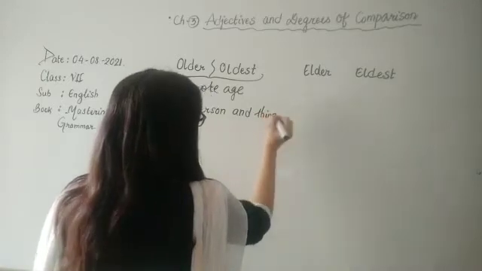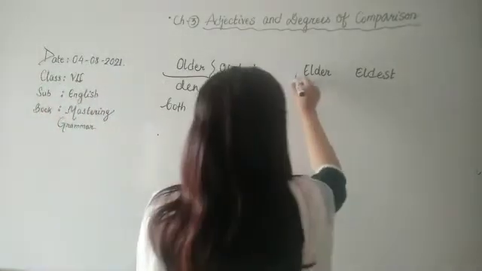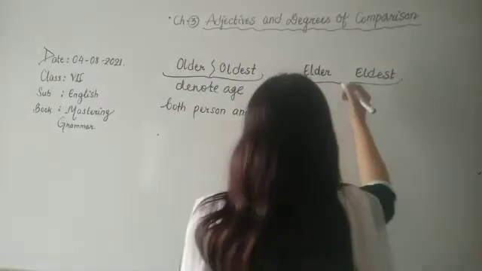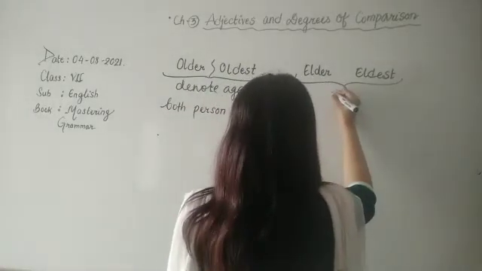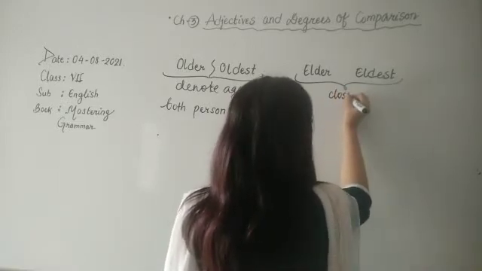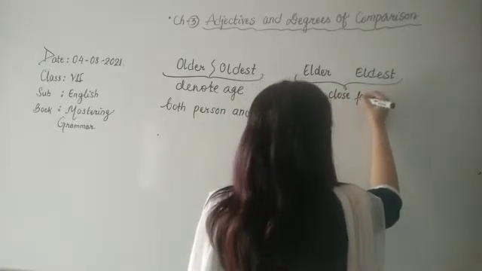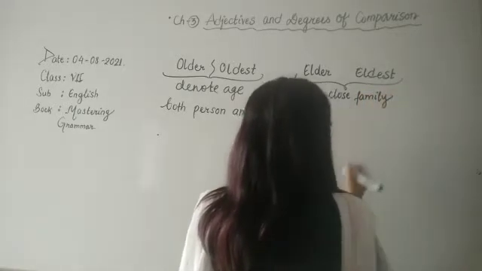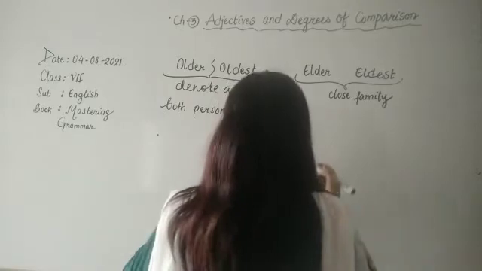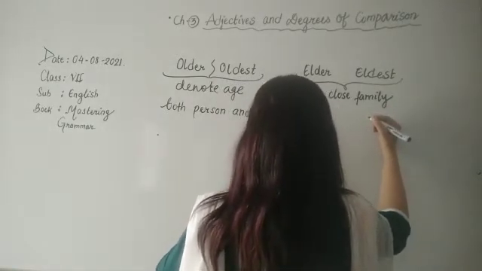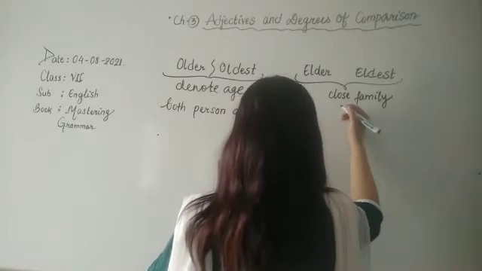Now with this one, this is talking about close family relations. You have to understand that they are talking about the same family. When we are using these words, the person has to be from the same family. Close family members, and this is used only with people.